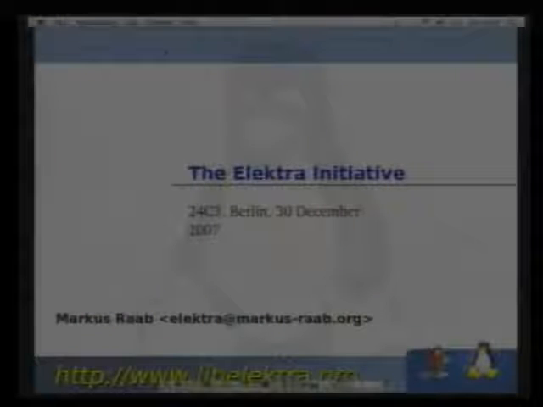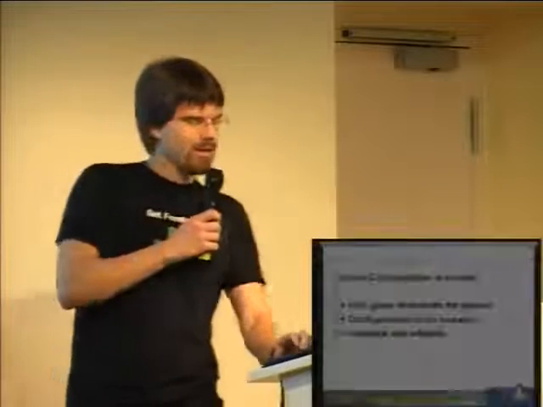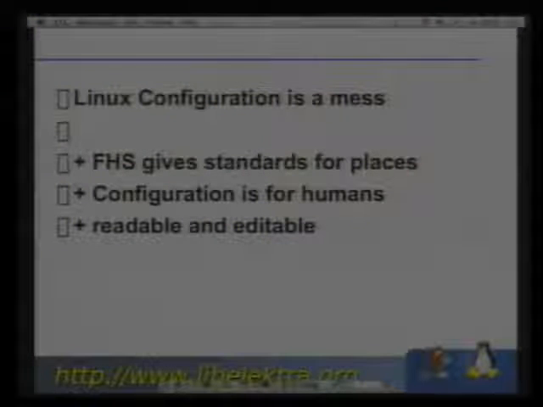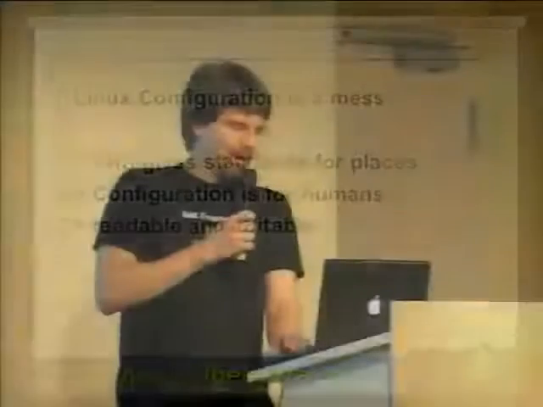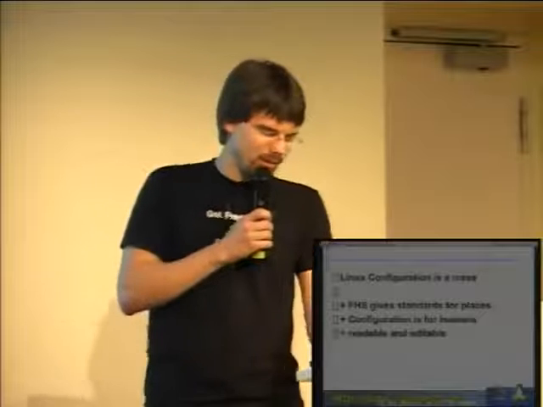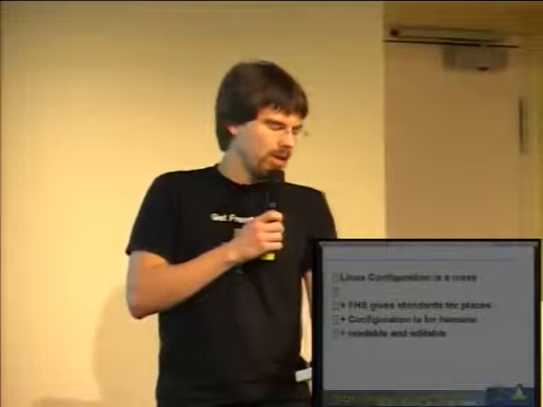Hello, my name is Markus Raab, and I'm a developer of the Elektra initiative. Linux configuration is a mess. Of course, there are many things which we get used to and which are very good and which do not want to be replaced. One of them is that the FHS, the file hierarchy standard, gives very good choices where to put configuration.